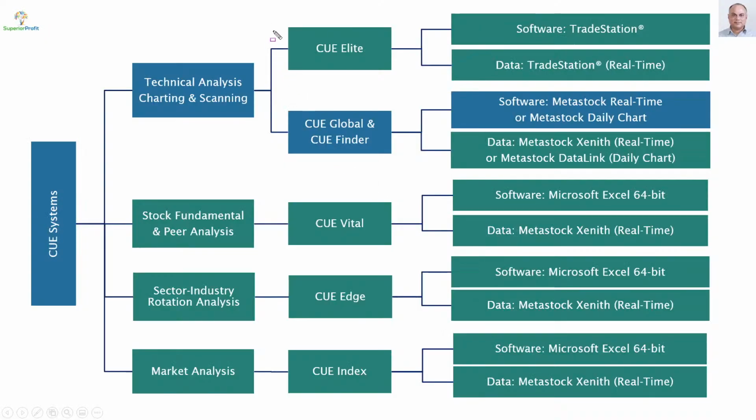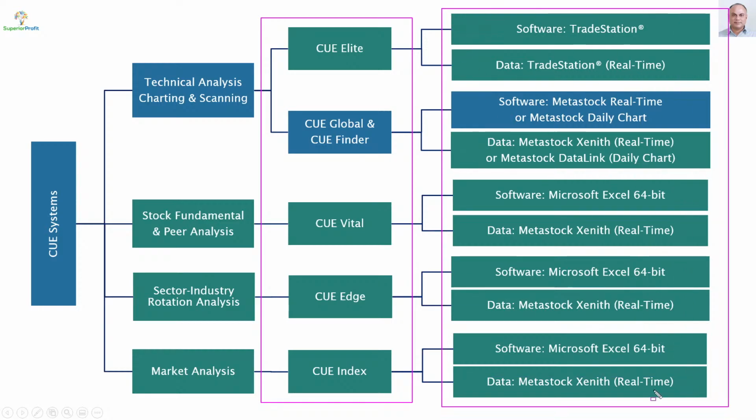These are the Q systems I use in my trading. They run on underlying TradeStation and Metastock platforms. In the versions that I will use today, you will see some performance improvement, significant it may be, on QVital when we retrieve the data on the home page, the scorecard of the individual stock.